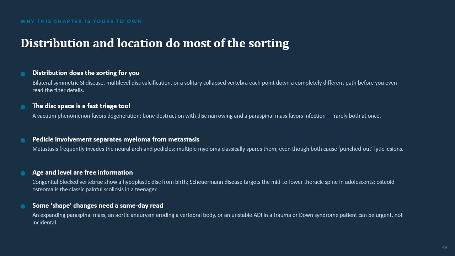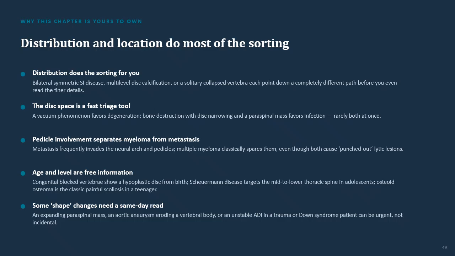All right, another clue might be the pedicles and the posterior elements. When we look at mets, or some sort of metastatic disease that's spreading into other areas, this might be involved. Multiple myeloma can destroy some of the vertebral bone, but it involves more than one vertebral body, and it might spare the posterior elements.